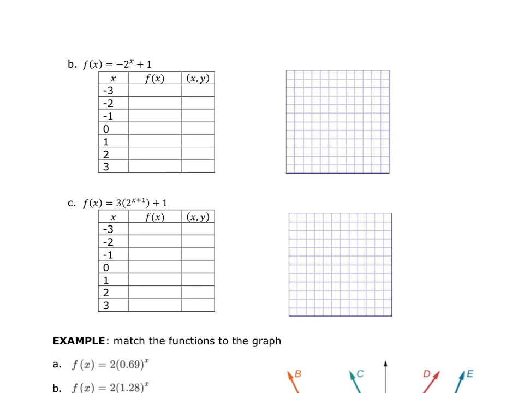Okay, let's talk about the transformations here. So this negative is going to reflect over the x-axis, and then I'm going to go up 1. So again, I'm going to draw my x-axis, and I'm going to draw my y-axis.